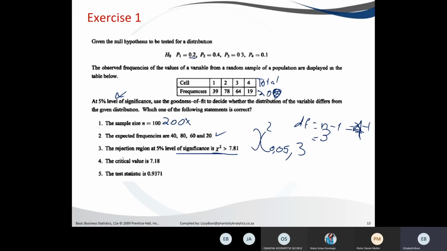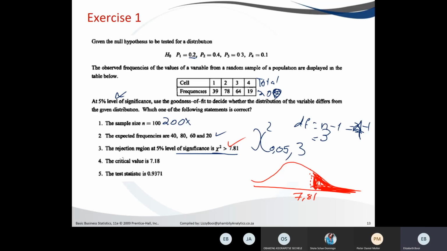And that is correct because the region of rejection is greater than the critical value we went and found. Our region of rejection, which we found as 7.81, says if it's greater than this, that's our region of rejection. And that's what we found. And that is the correct one as well.